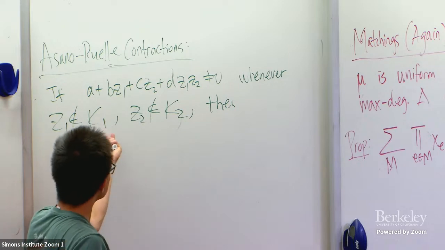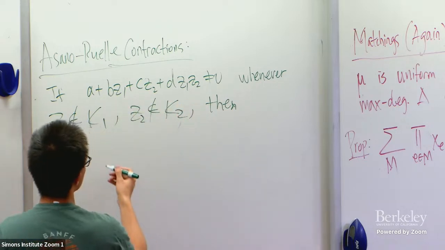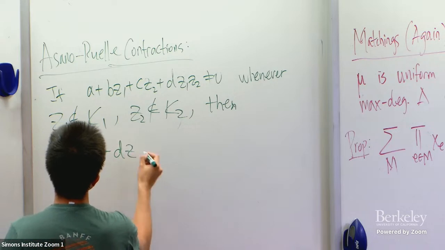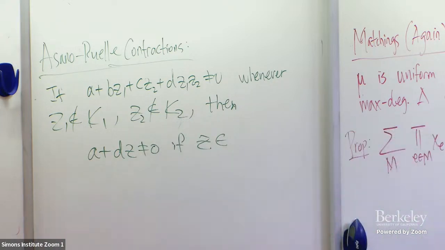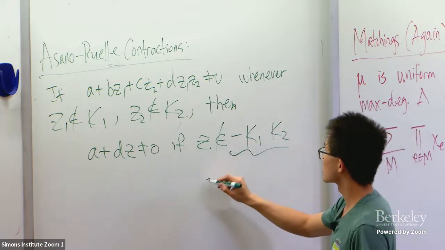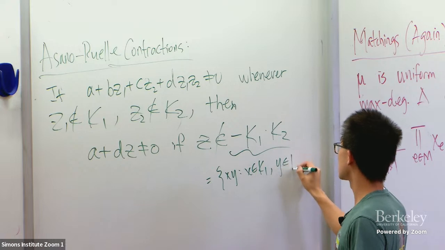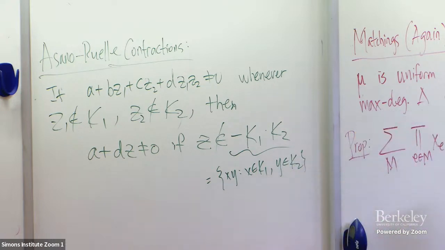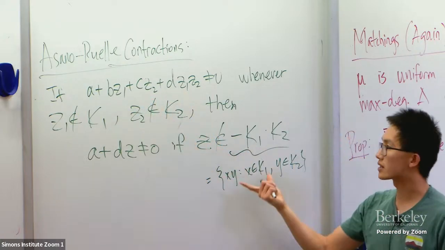Basically, if I have sets for which this polynomial is non-zero, then when I merge z1 and z2 into a single variable, the polynomial a plus b z is non-zero if z is not in the set given by the contraction of K1 and K2. I'm not going to prove this lemma, but the point is that this allows me to merge variables and still track how the zero-free region evolves.